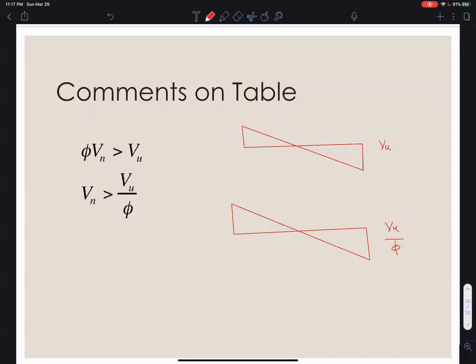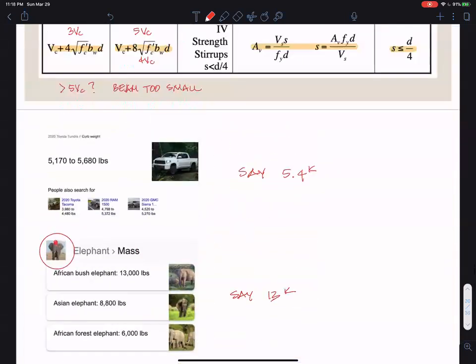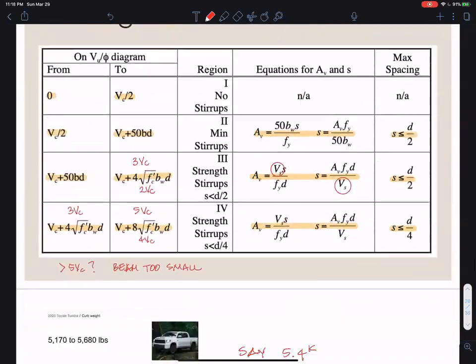In fact, dividing by 0.75 is equivalent to multiplying by 4/3, the reciprocal of 0.75. And this is where you're going to start chopping up your diagram into Vc plus 50 b d, 3 Vc, 5 Vc. Hopefully you have to be less than 5 Vc on there. And when you split up your shear diagram, then you come to this table and you design accordingly.